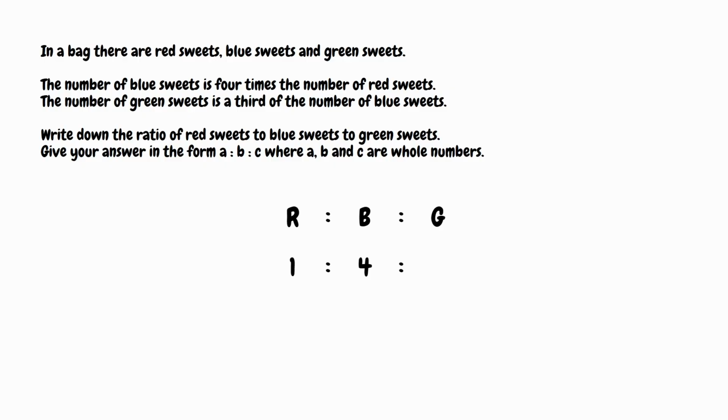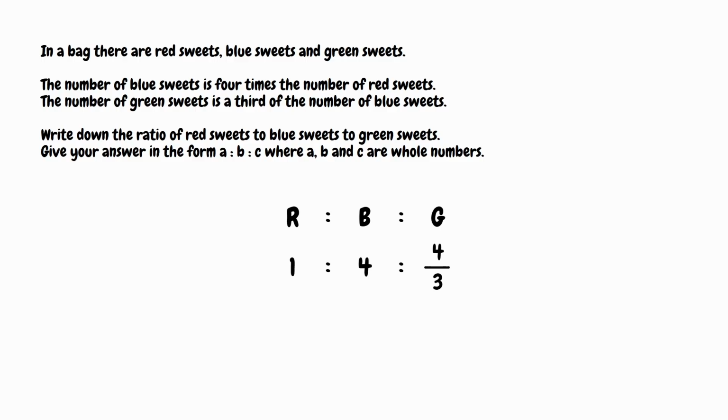So we're told the number of green sweets is 1/3 of the number of blue sweets. So if there are 4 blue sweets, we would need to divide that by 3. So we can leave the parts for green as 4/3. So we've got 1 part for red, 4 parts for blue, and 4/3 parts for green.